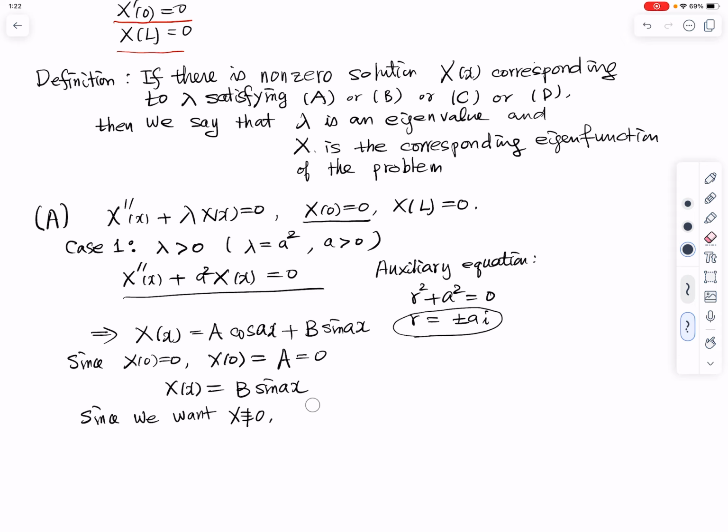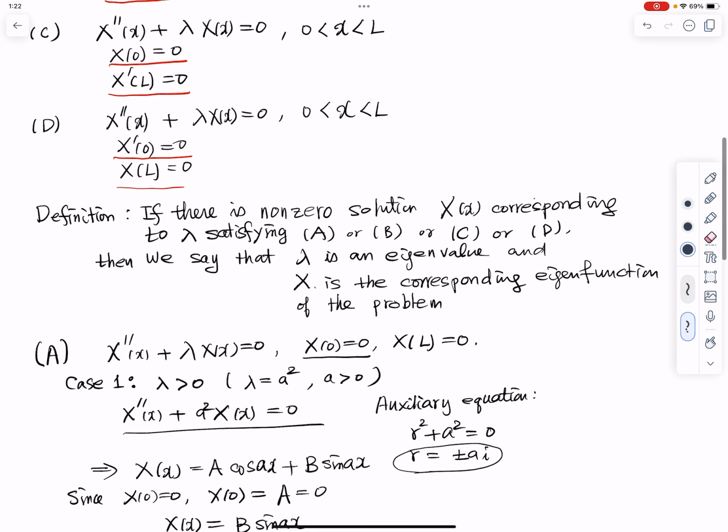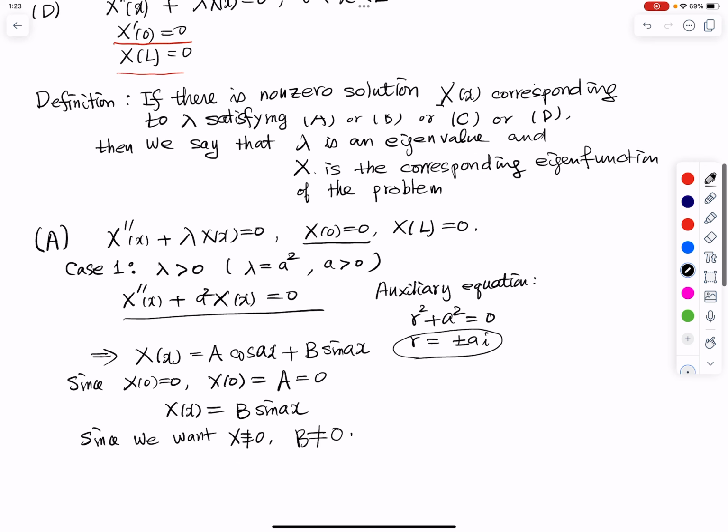We don't want b equals 0, because we want the eigenvalue problem, that is, a non-zero solution. Let me rewrite.